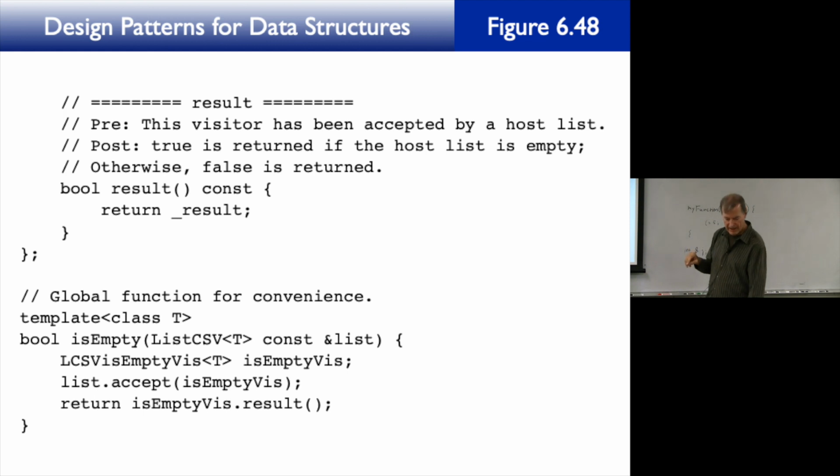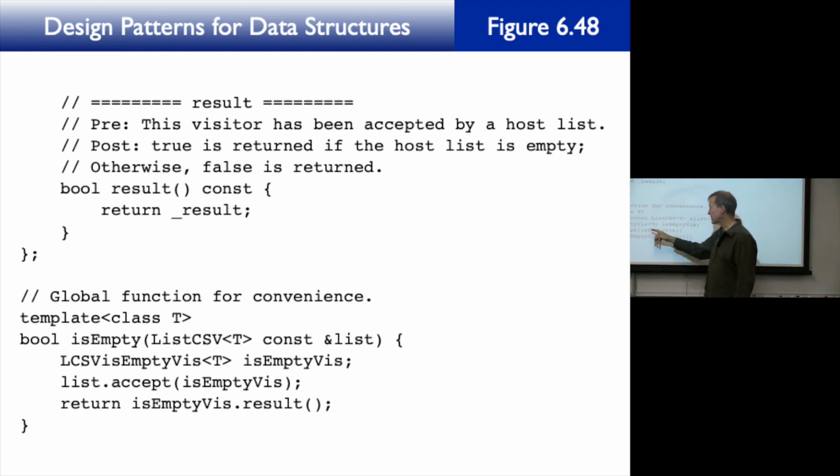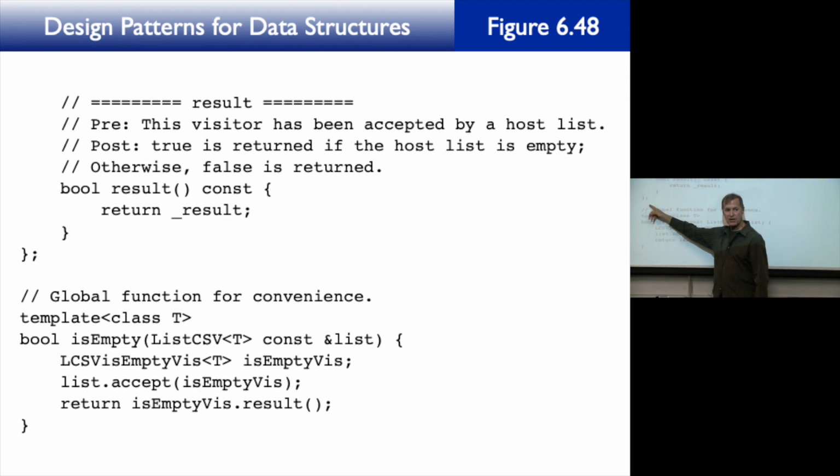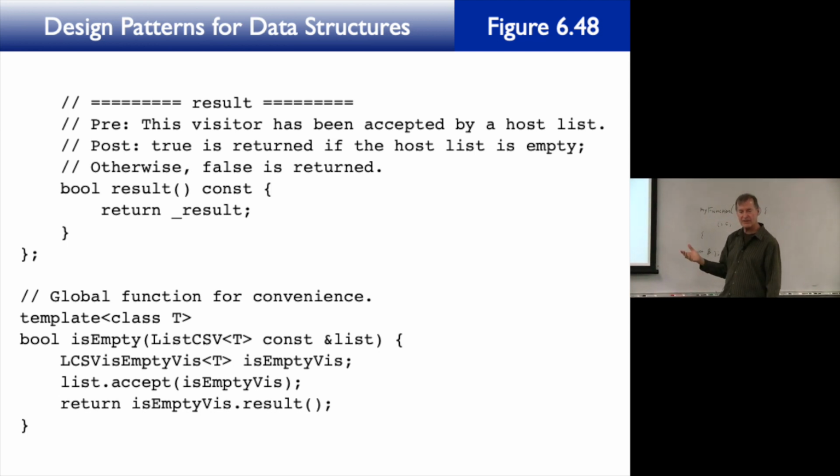Furthermore, this global function, notice that it's outside the closed brace. This brace right here is the closed brace of the class. So you see that is empty is not a method of the visitor, because we don't want the user to have to deal with visitors. If it were a member function, then the user would not be shielded from all this visitor stuff.